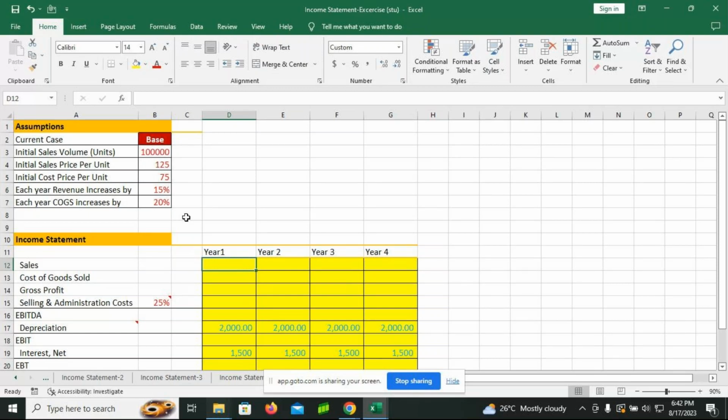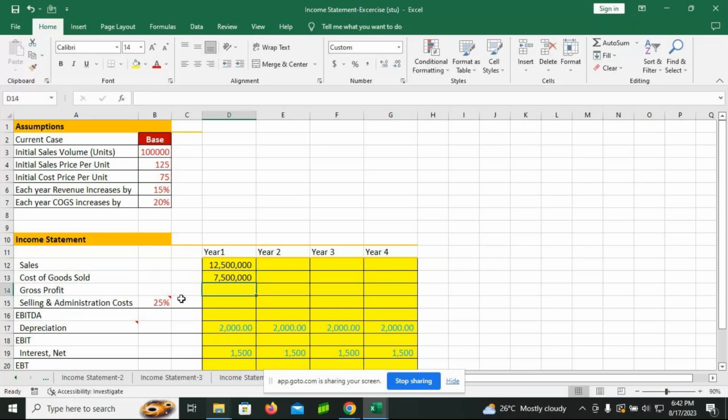So equals 1 lakh into 125. Enter. So here cost of goods sold. So cost of goods sold is I have sold 1 lakh units, and the cost price I bought was 1 lakh into 75.